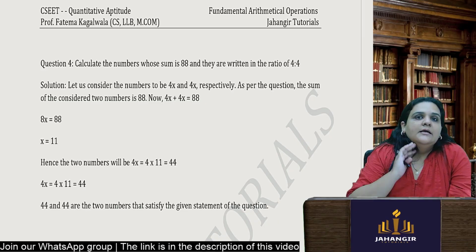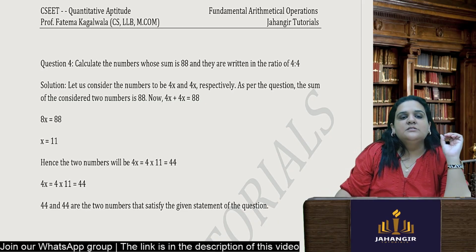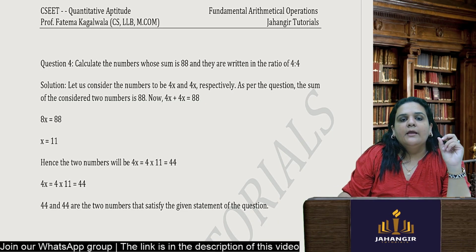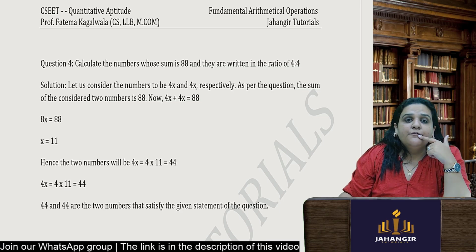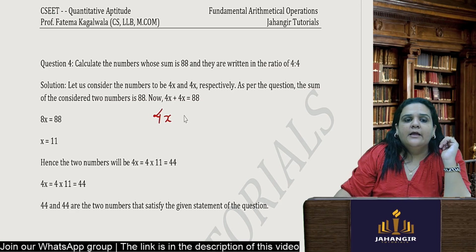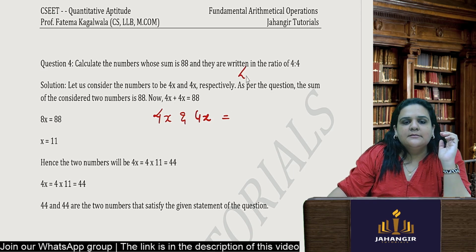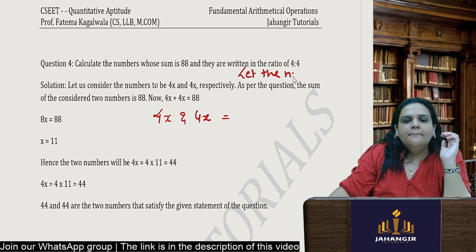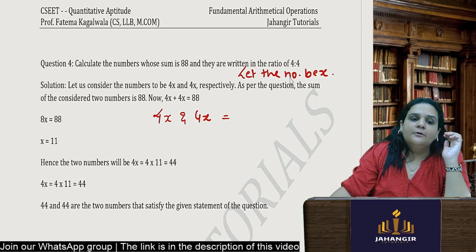Next question. Calculate the numbers whose sum is 88, and they are written in the ratio of 4:4. Let the number be x, like how we did for the previous sum.